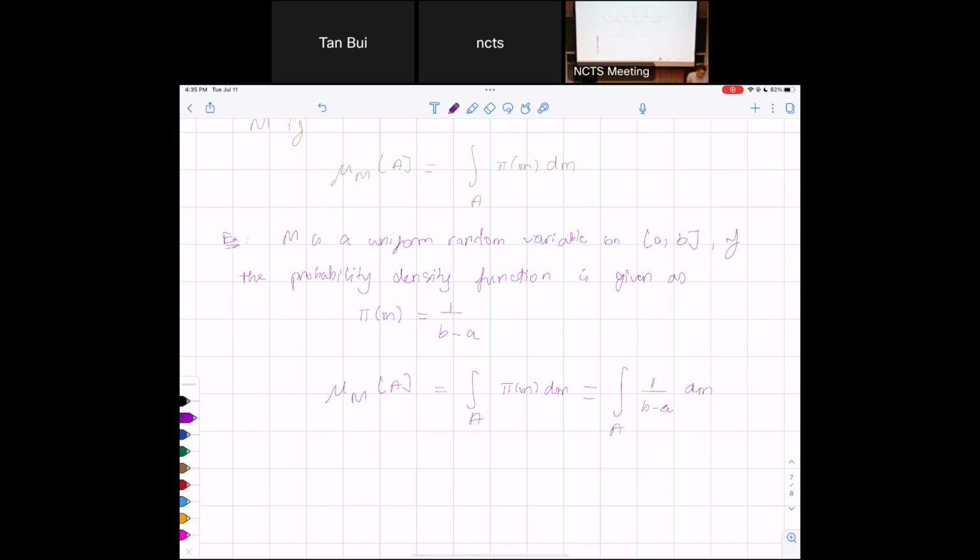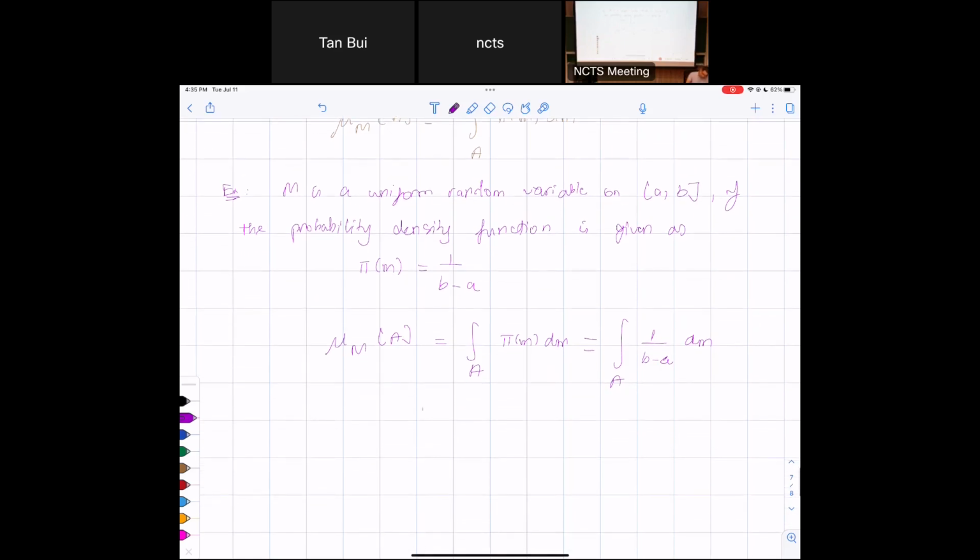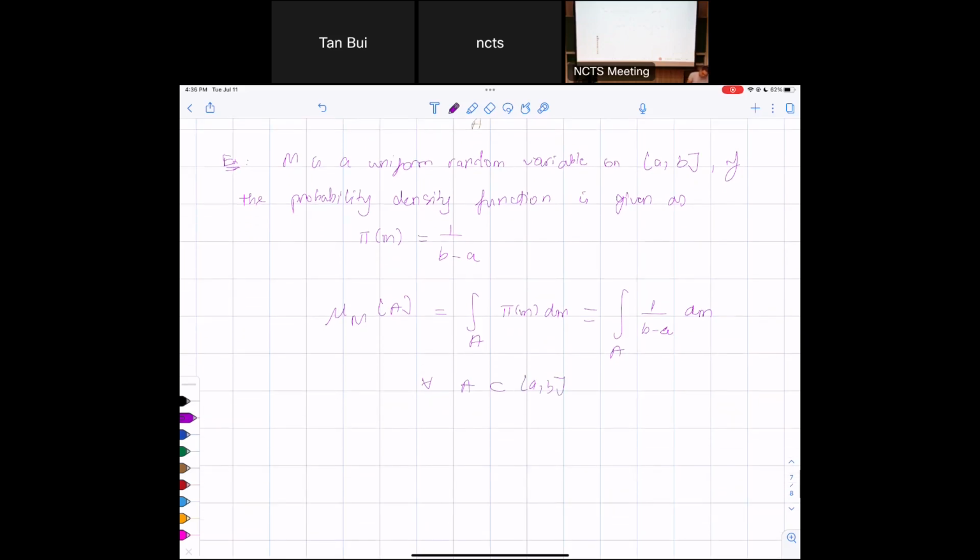Typically this is for all A that is a subset of A B, and many people write, not everybody, that M is distributed as a uniform distribution between A and B, U A B.